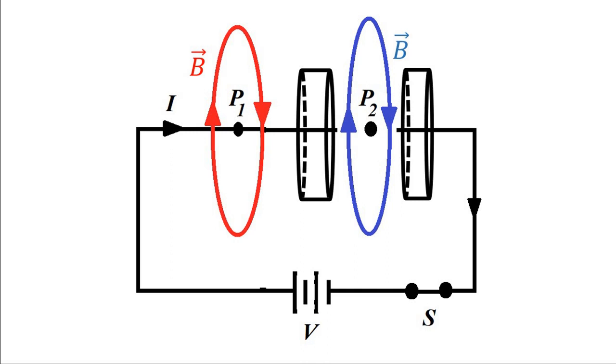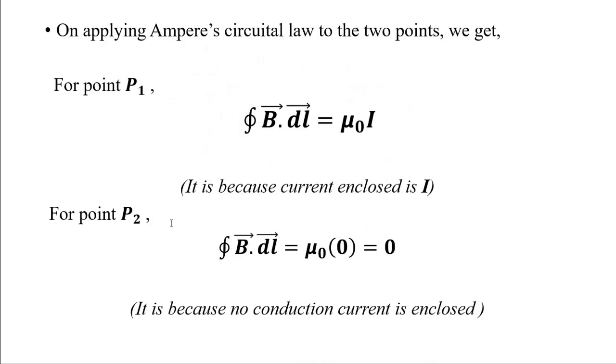So for point P2, according to that confusion, Ampere's circuital law becomes: line integral of the magnetic field equals mu0 into 0, as there is no conduction current flowing in between the two plates of the parallel plate capacitor.